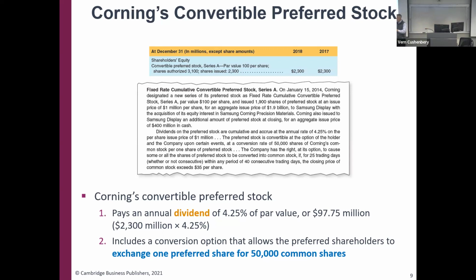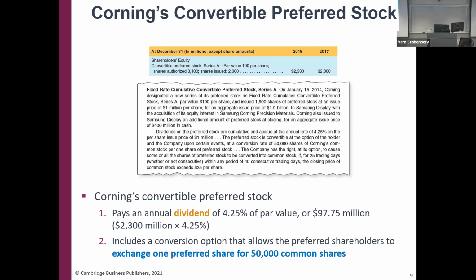And everybody that buys and sells stock in the stock market can do the math. And that's going to inform their decision to buy Corning or not buy Corning, and you're going to see that preferred stock basically trade at 50,000 times the common stock, or maybe probably more.